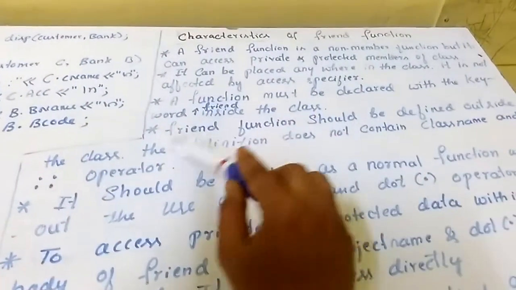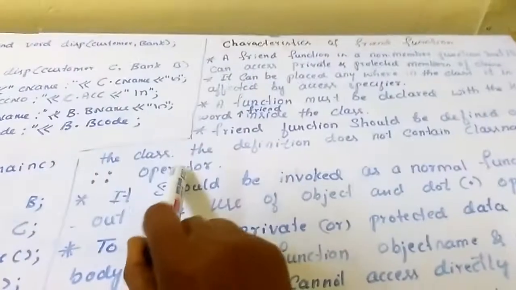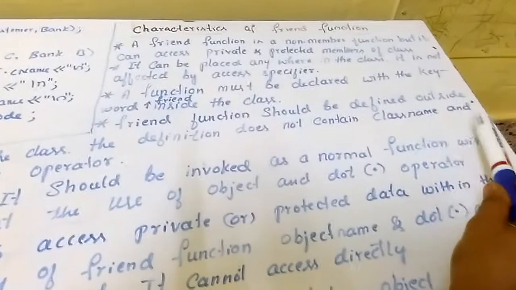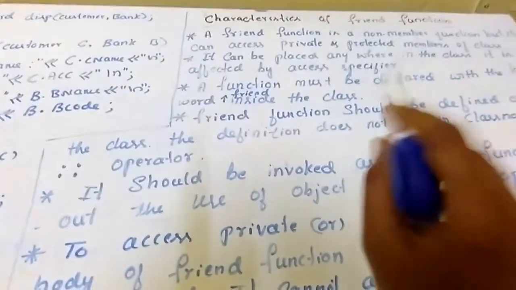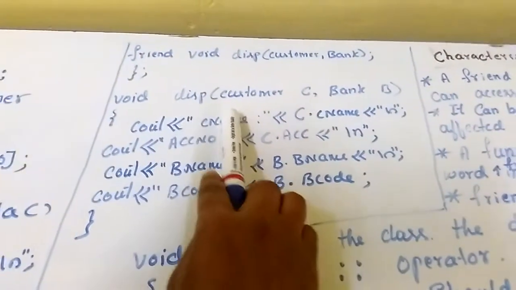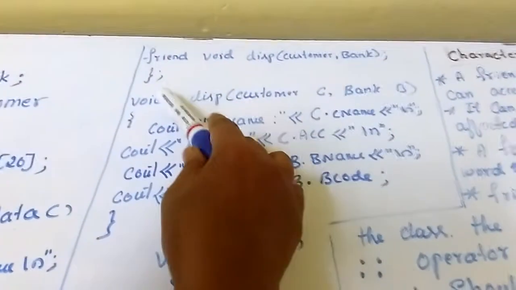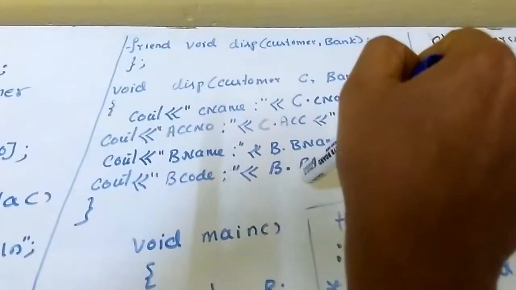The definition does not contain class name and scope resolution operator. This is very important because display function, see here, void disp, is a non-member function. It should not contain a class name and scope resolution operator while defining this function.